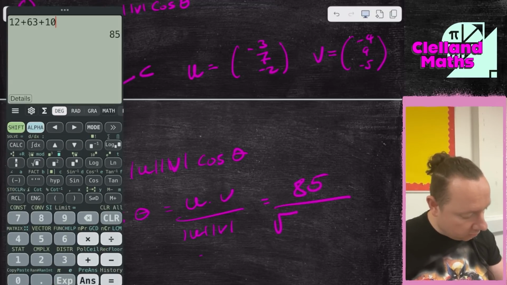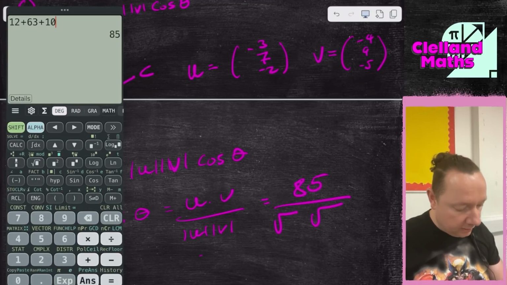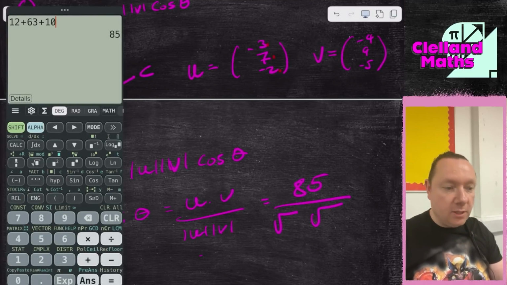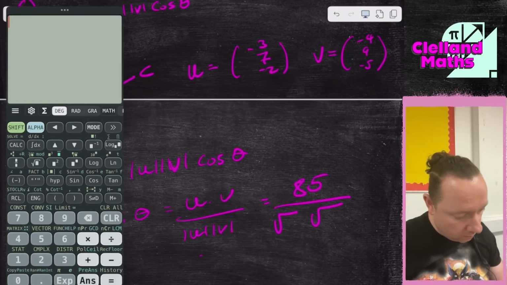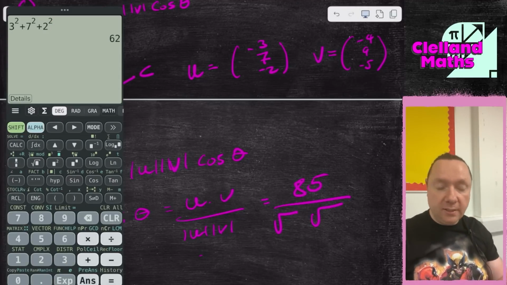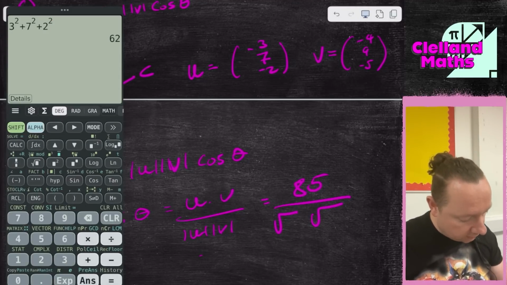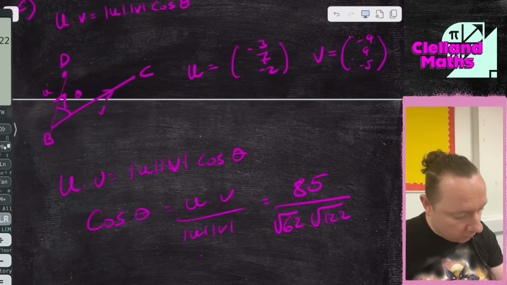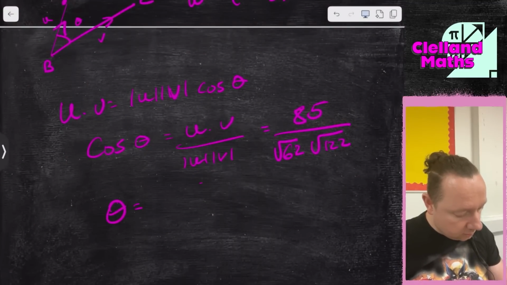Over, there'll be a square root and a square root for the size of U and V, and the size is just done by doing that squared plus that squared plus that squared, square rooted. So 3 squared plus 7 squared plus 2 squared. We can ignore the signs because when you do a minus times a minus you get a plus. So the first one's root 62. And similarly, we've got 4 squared plus 9 squared plus 5 squared, which is 122. So inverse cos to get theta.